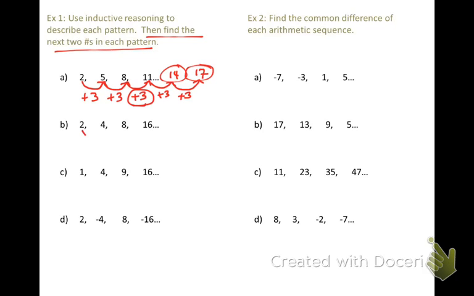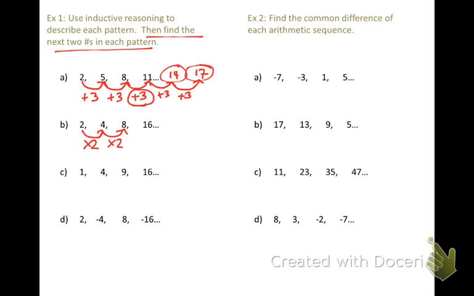Now, we'll start with adding on this one. 2 plus 2 equals 4. Does that work? 4 plus 2 equals 8? No. So it cannot be plus 2, so it's not going to be adding. Let's do multiplying. 2 times what gets me 4? Times 2. So 4 times 2 equals 8.